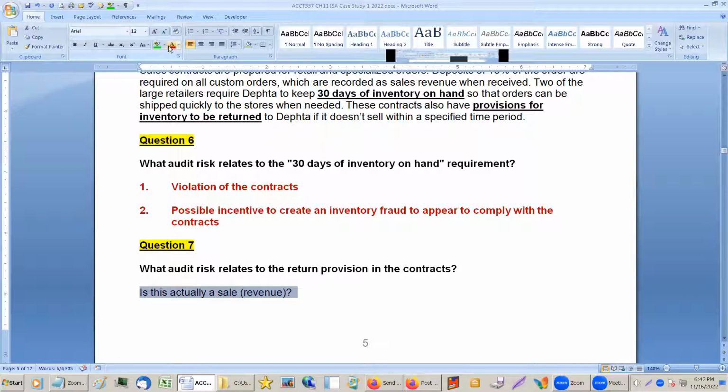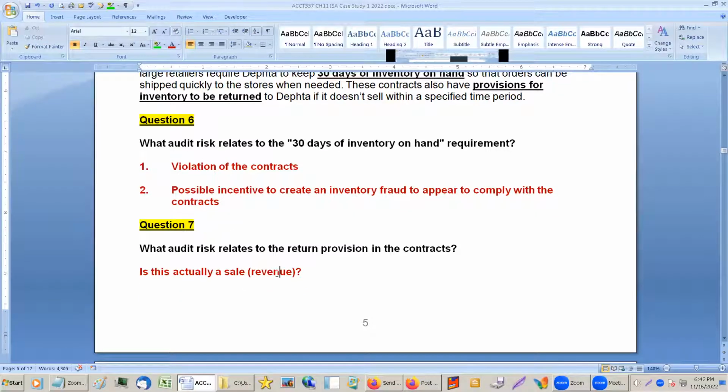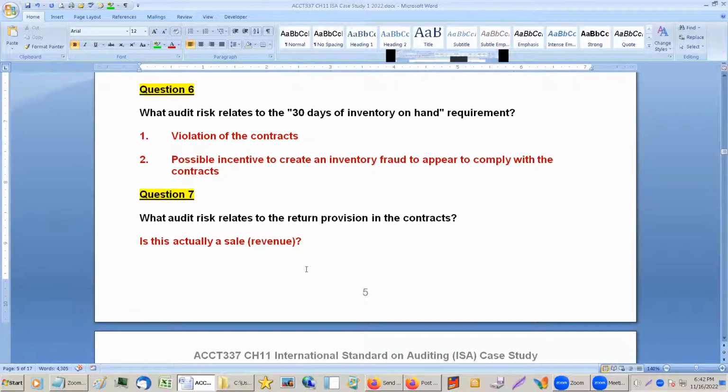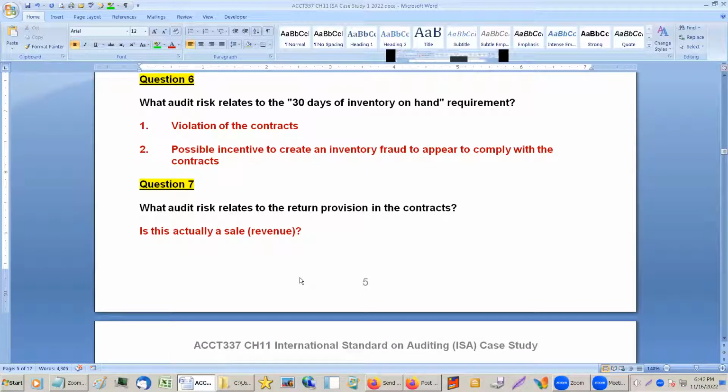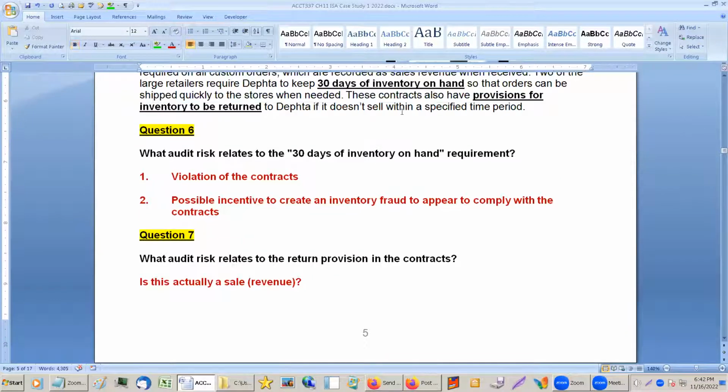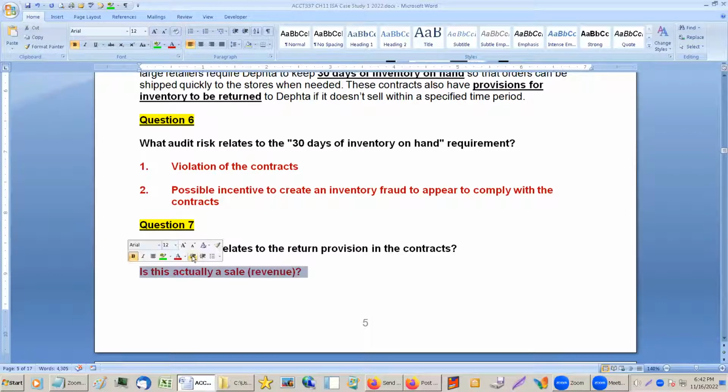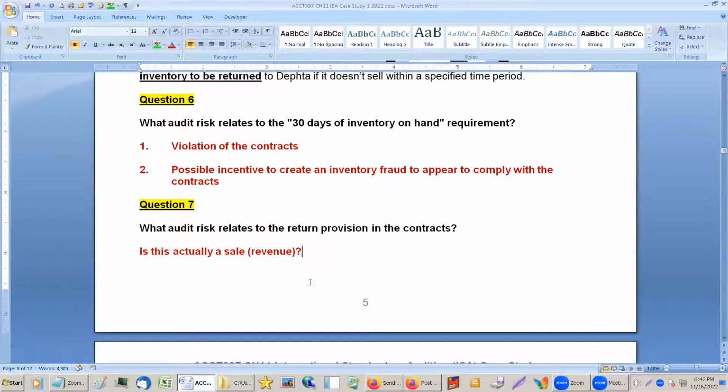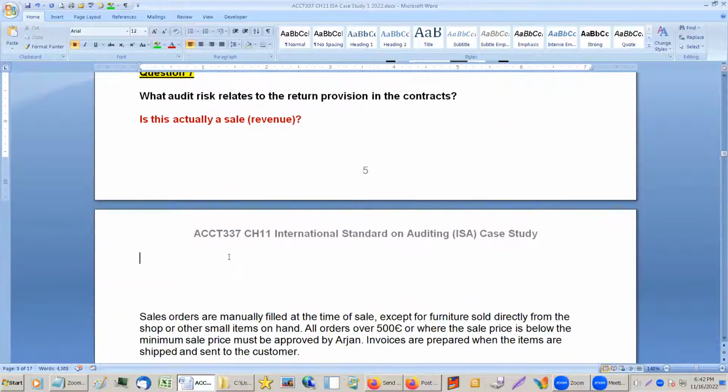If they're not accepting the title to it, is it really a sale? Because they're not accepting the risk of not selling it, basically. And one of the things you'd look at is how many of these things were returned, to see if this is one of those things that's in there and never used, well, that's not a problem. But if it is used, then you may have a problem with, are these actually sales that they're having? Okay.